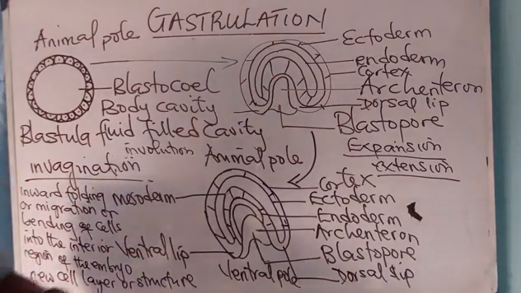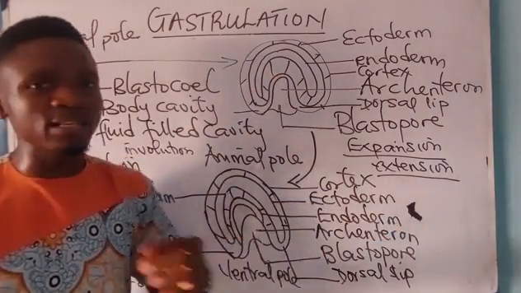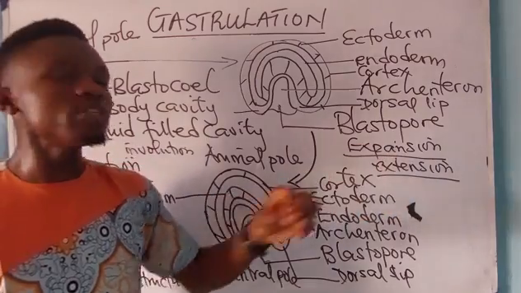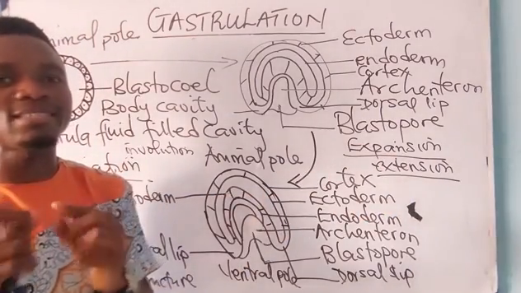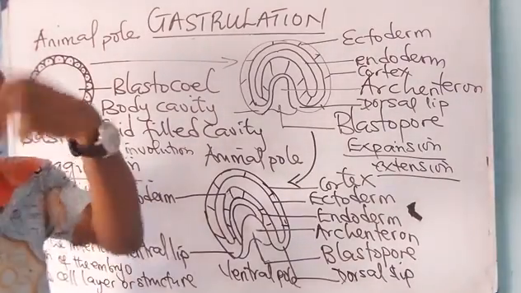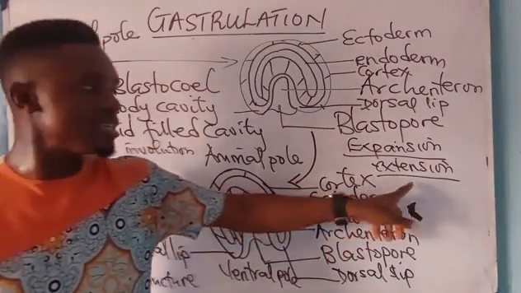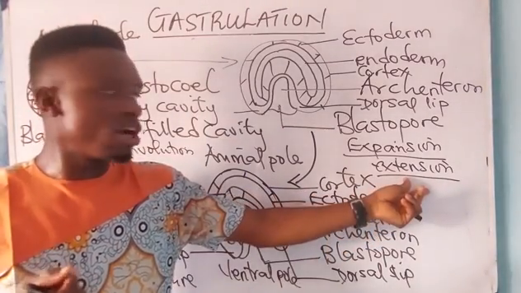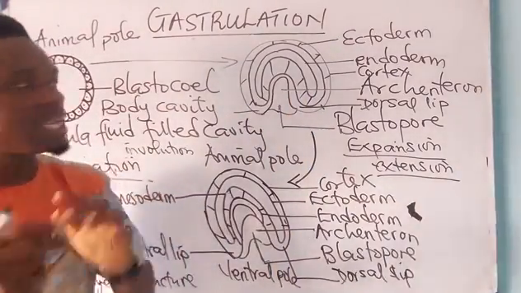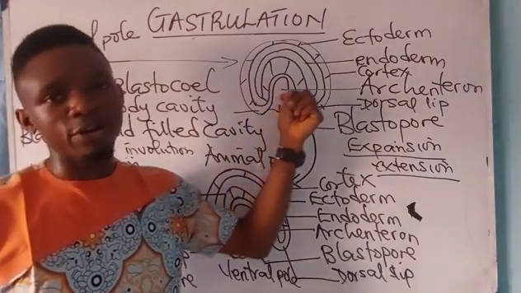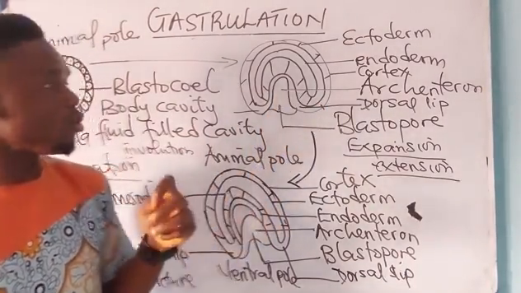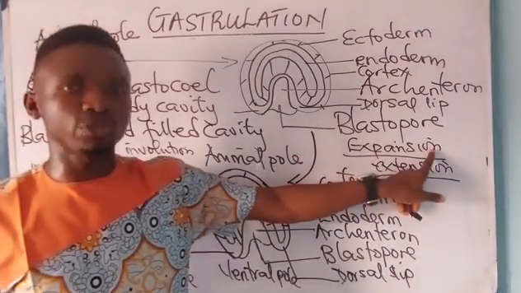I'll recap. Extension is when the cells that make up the embryo elongate, but expansion is when the embryo increases in size, followed by the rapid proliferation and division of the cells found inside the embryo. Which means that proliferation and division occurs during expansion.